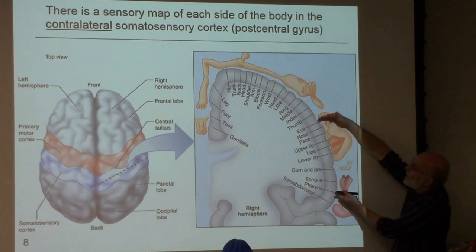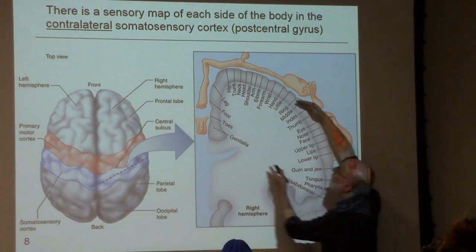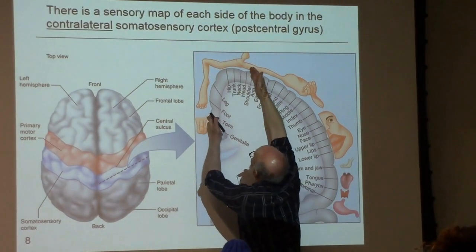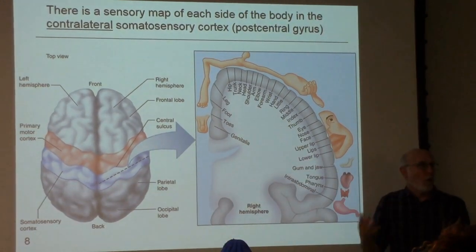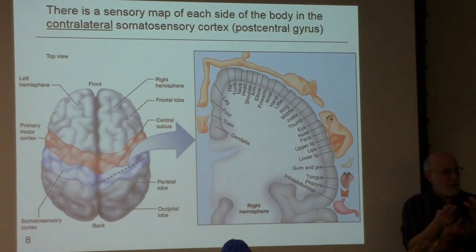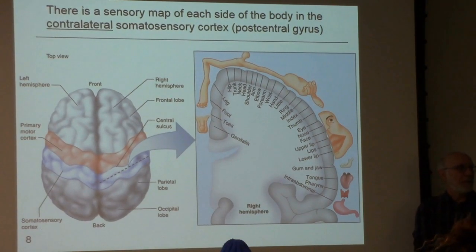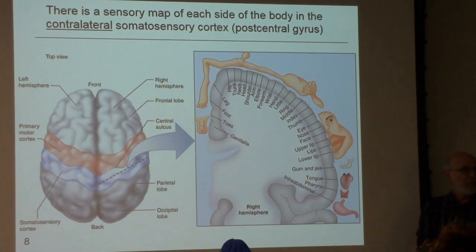So a large area of cortex for processing just this part of our body, whereas over here we have a similar part of the cortex processing practically the whole rest of our body, except for the hands, which are also fine because of our ability to sense and manipulate with our fingers. Does that help?